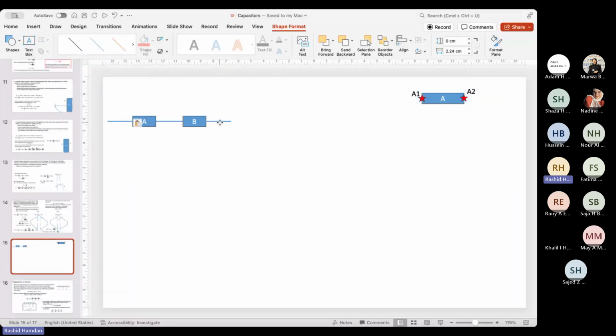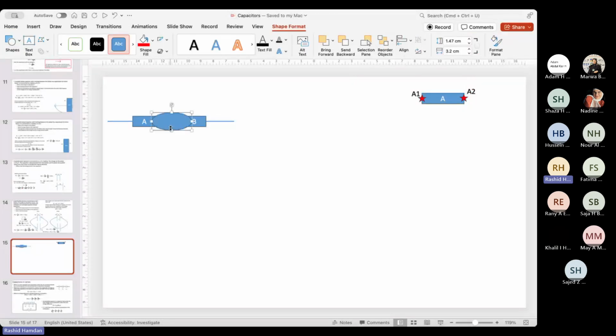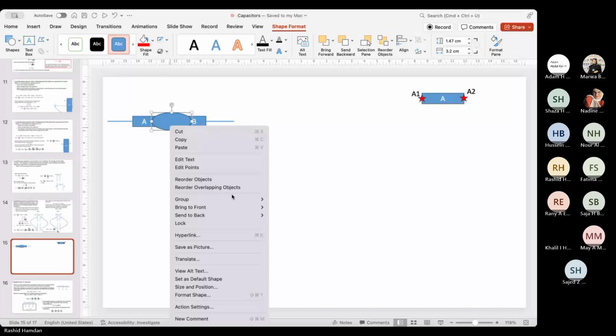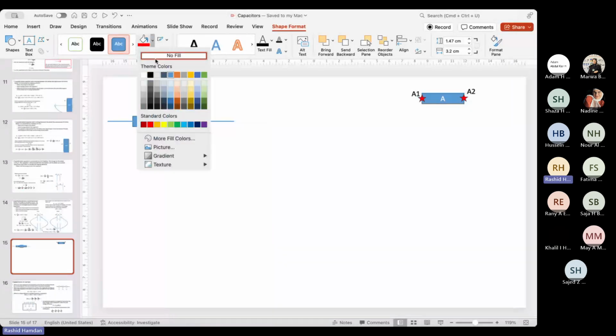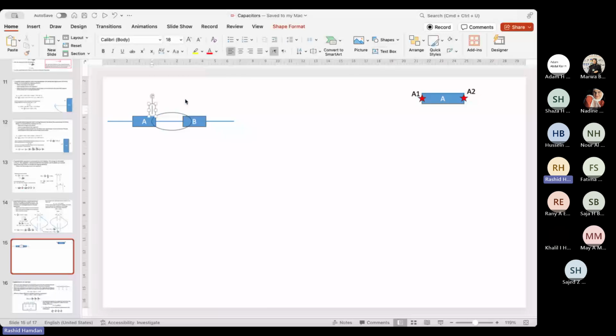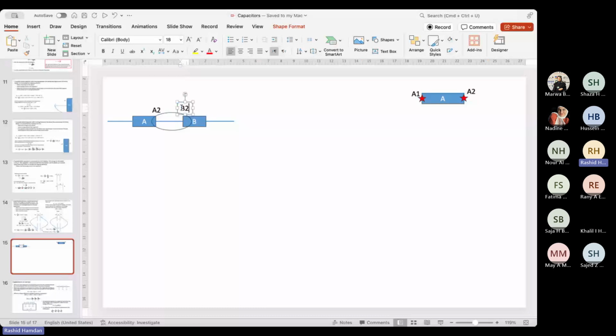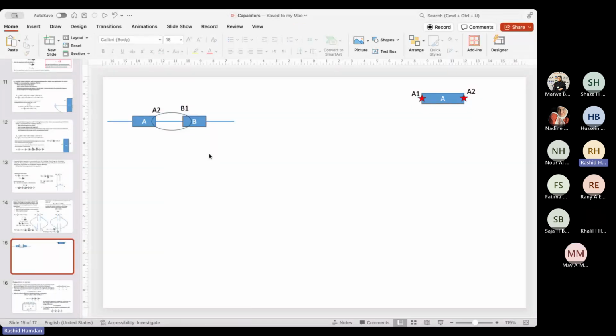Now, when we have this connection, A2 and B1, it doesn't matter which one I call 1 or 2, they are at the same voltage. They are connected by a connecting wire, and the charge that leaves A2 has to go to B1.